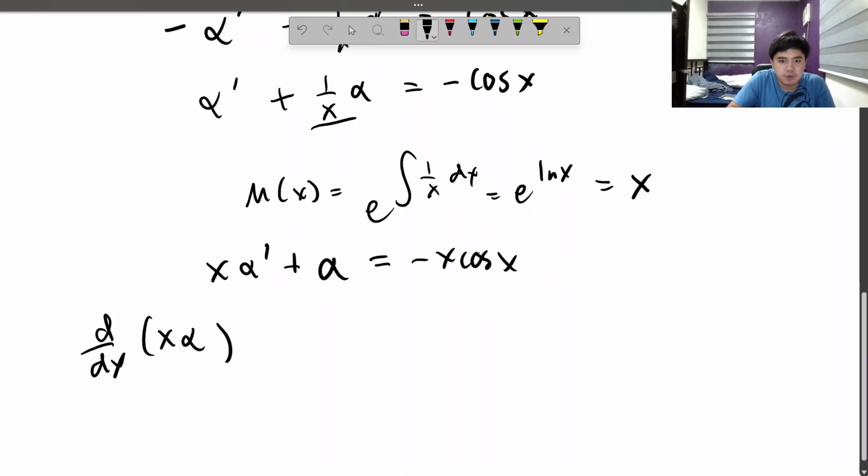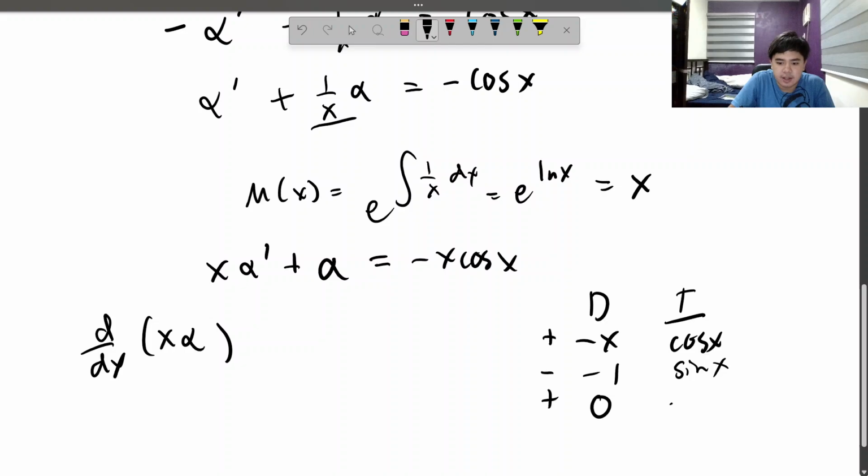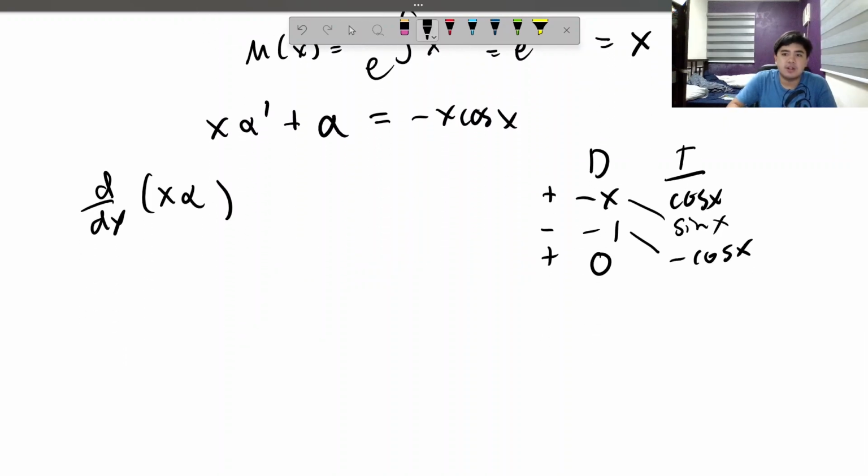On the other side, we have an integration by parts to consider. So negative x in here, cosine in here. Negative x derivative negative 1, derivative 0. Cosine x integral sine x, integral negative cosine x. They are multiplied together.